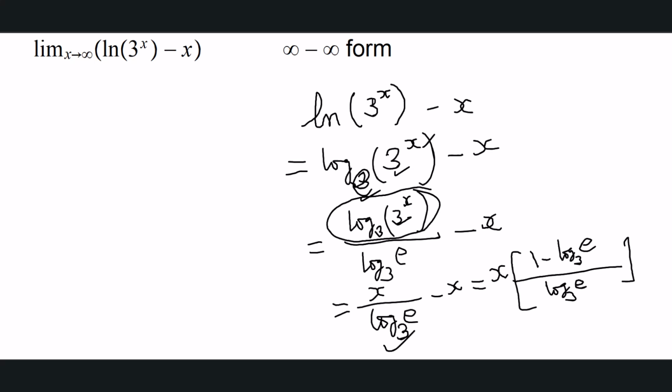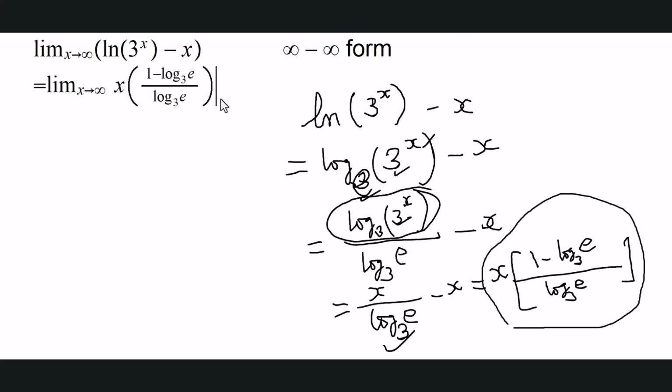Now we can replace this with this portion right here, and that gives us this. I just wrote the same expression over here. As x goes to infinity, this factor goes to infinity, and this one is a constant factor.